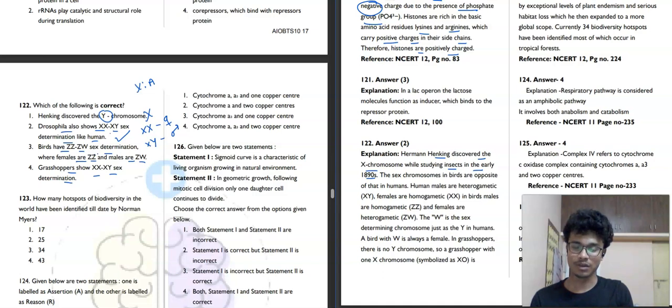But in birds this is not the case. It is just the exact opposite of us, or humans. This is not a correct statement. Here ZZ is male, and ZW, heterogametic, is female. The last is saying that grasshoppers show XX, XY sex determination. So in grasshoppers there is no Y chromosome.